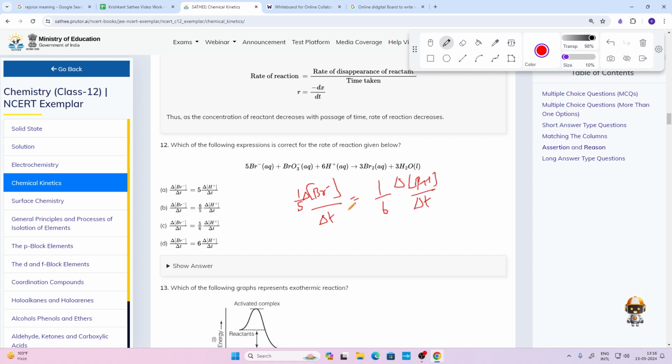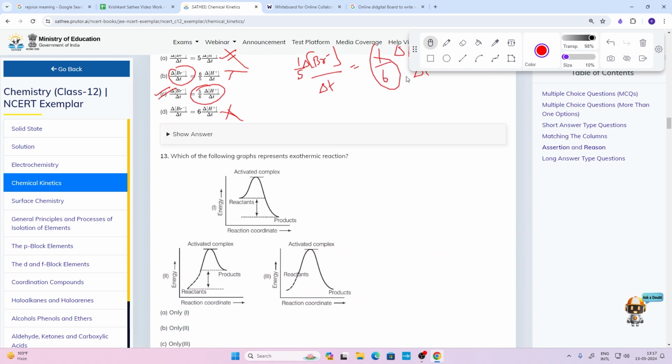If you just cross multiply it, so basically you will get, so will it be the option? 6 is not there, no. If you talk about this one, then it should be 5 by 6 and not 6 by 5. This is correct, 5 by 6. If you multiply this 5 here, you will get your answer. This is not correct. It has no 5.